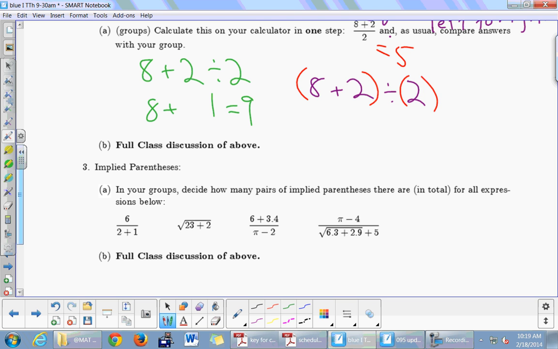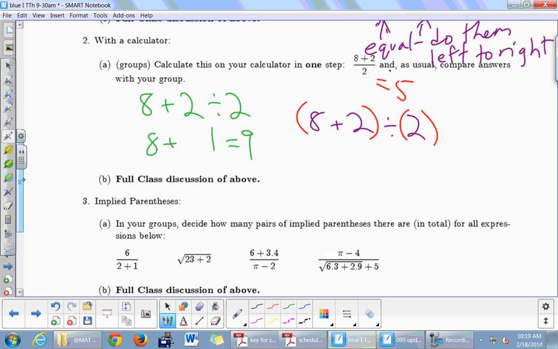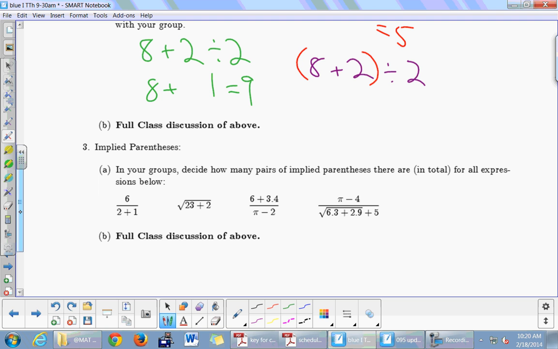This extra set of parentheses that we just put in here, this 8 plus 2, is something that we're going to call an implied set of parentheses. It's not really there. It's not necessary when we look at this thing, 8 plus 2 all over 2, but it's implied. And so the question is, how many implied parentheses do you have in these problems down here?